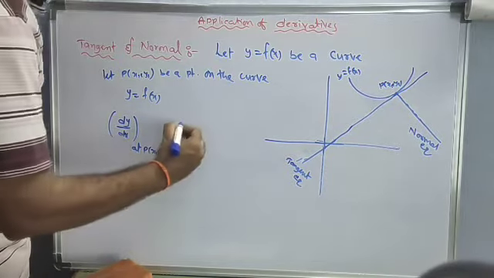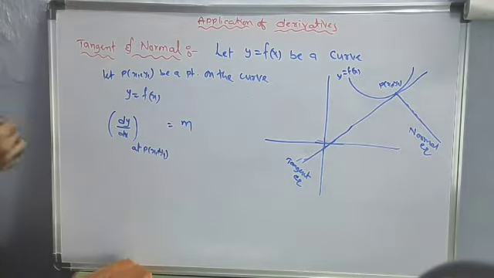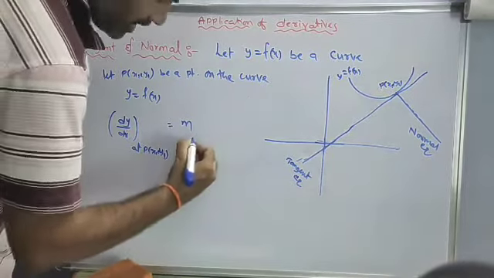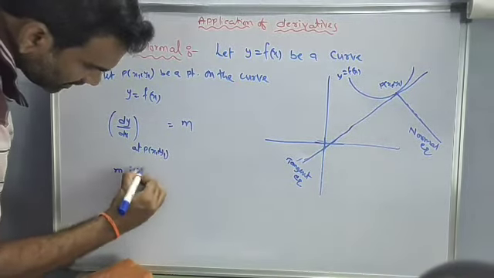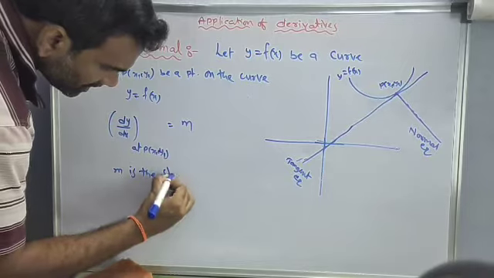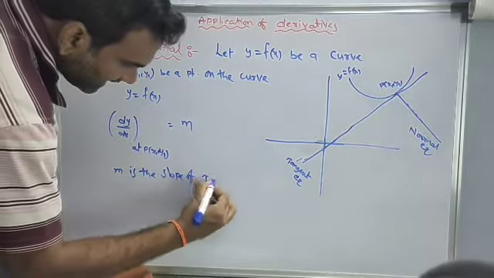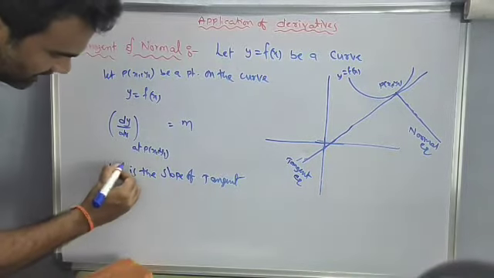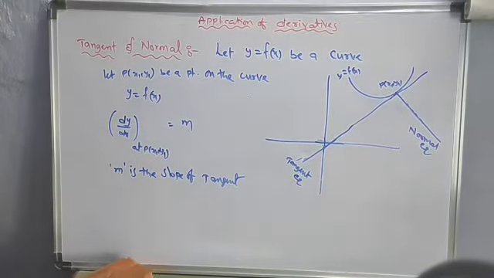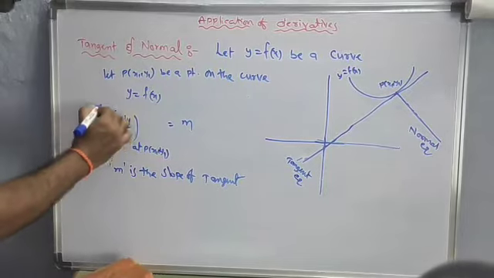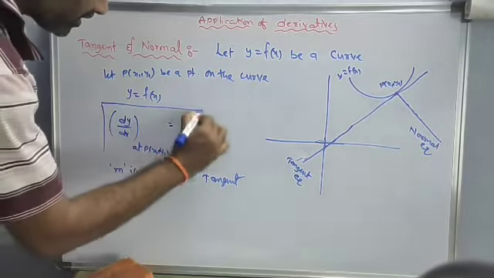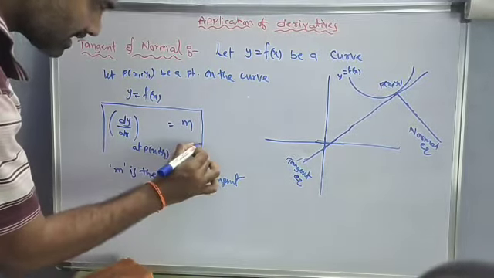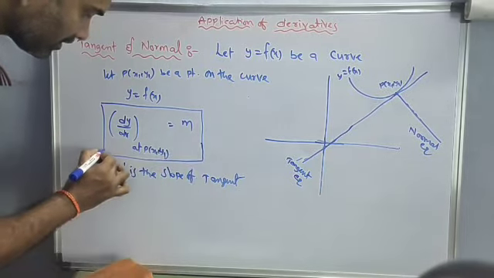This value is the slope. So here m is the slope of the tangent. What is m? dy by dx at the point P(x1, y1).